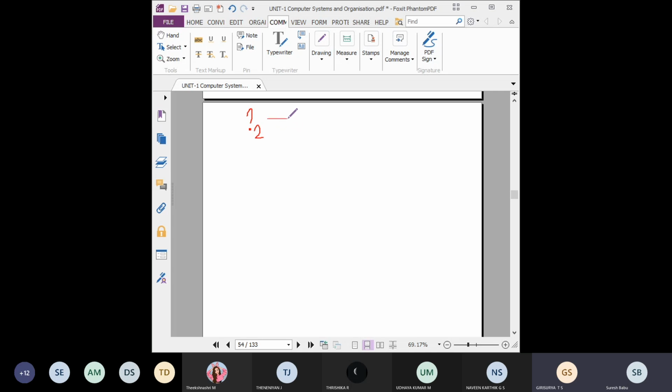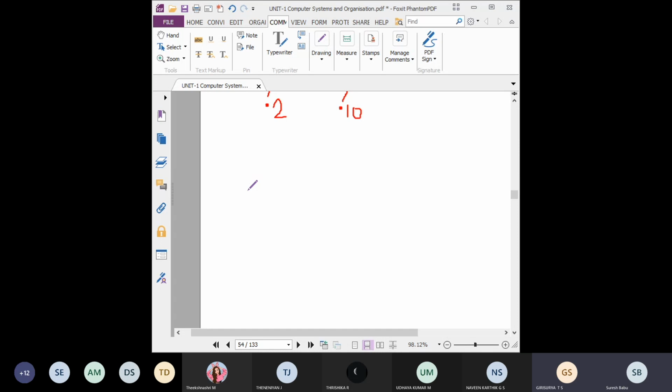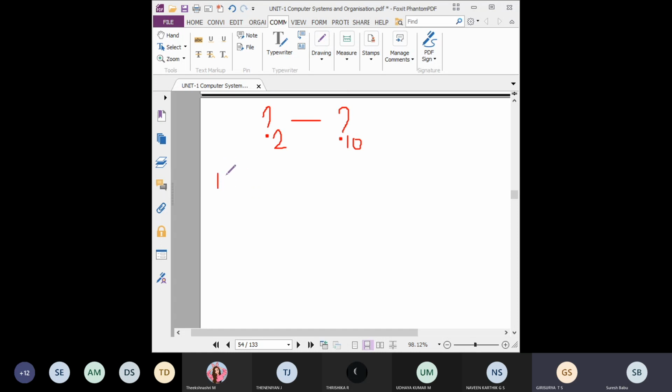First we are going to convert this number system into decimal, then we will go for octal and hexadecimal. Now binary to decimal number system. The question: 1 0 0 1 1 0.